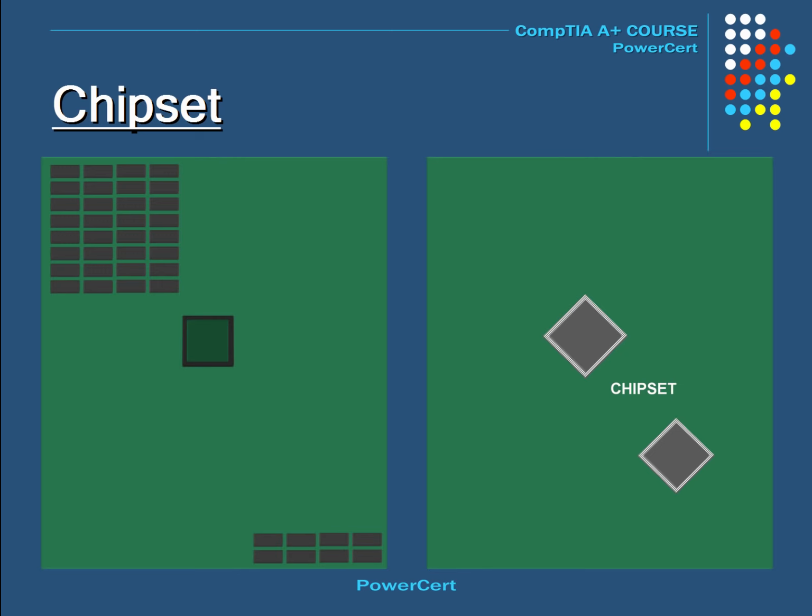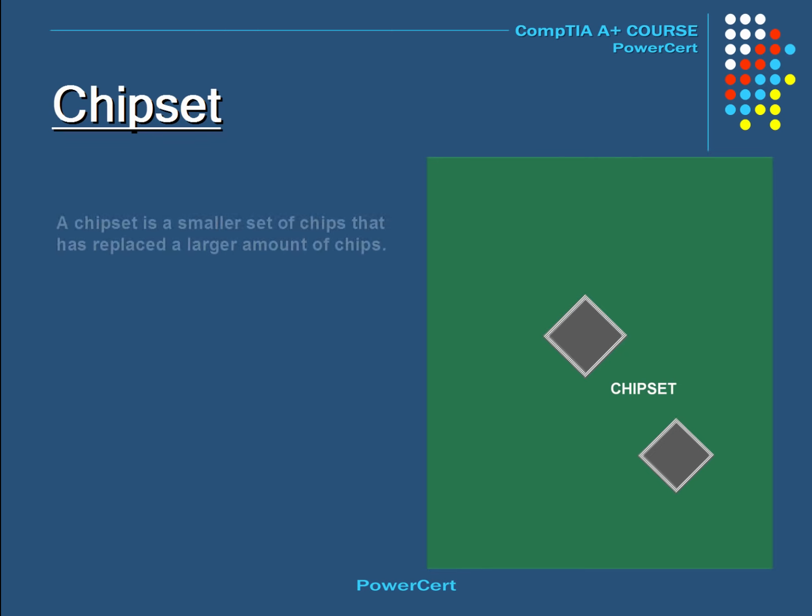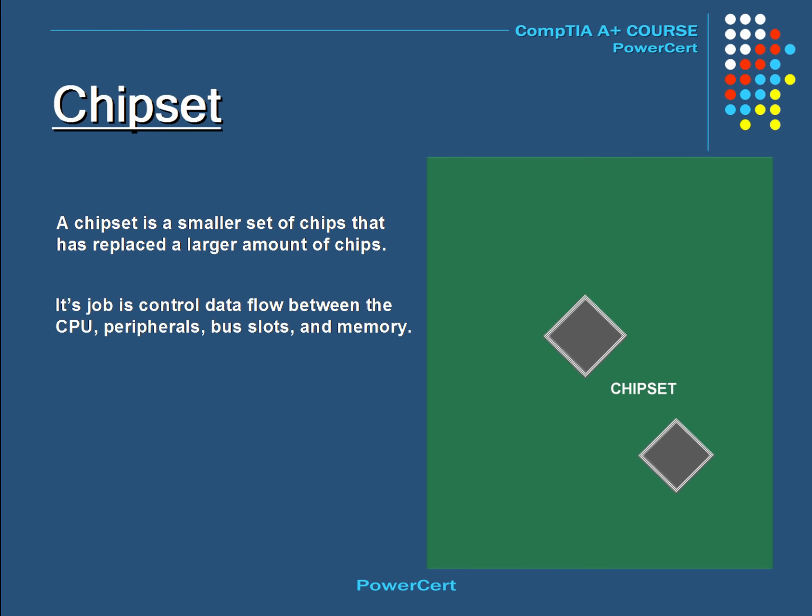And that's what a chipset is. A chipset is a smaller set of chips that has replaced a larger amount of chips. The chipset's job is to control data flow between the CPU, the peripherals, bus slots, and memory. So all of the different parts of the computer communicate with the CPU through the chipset.